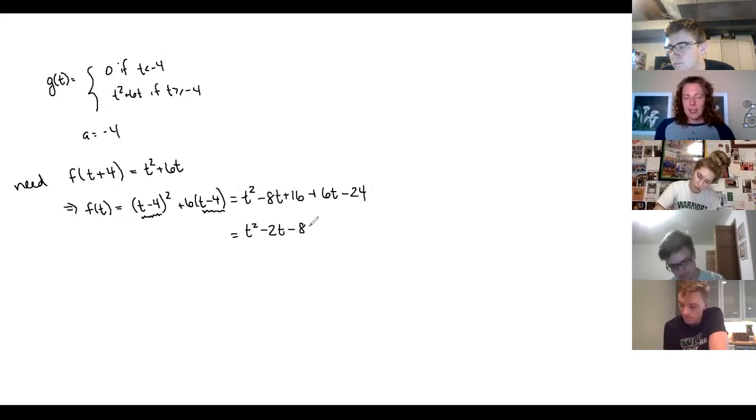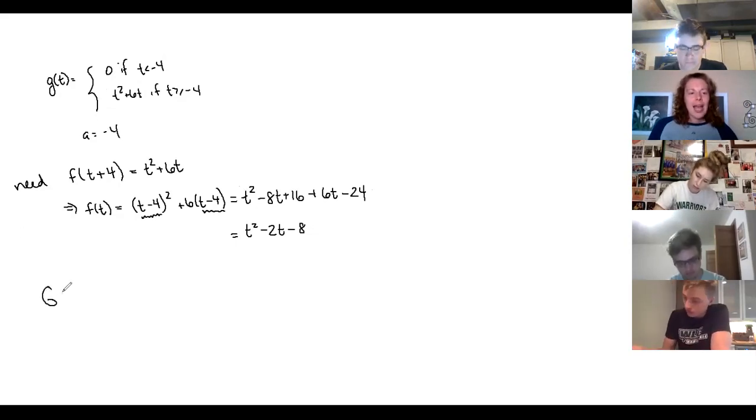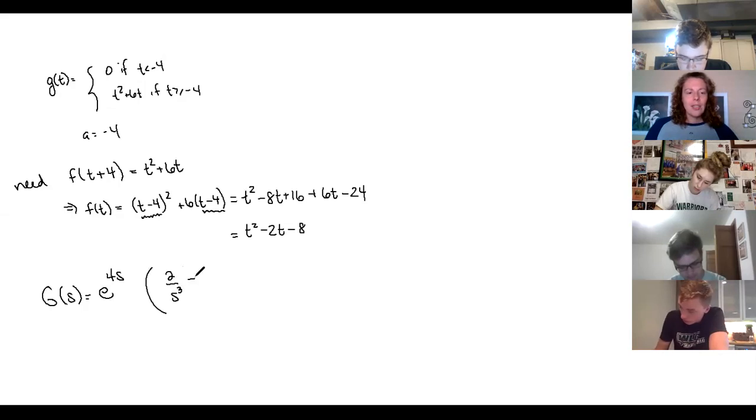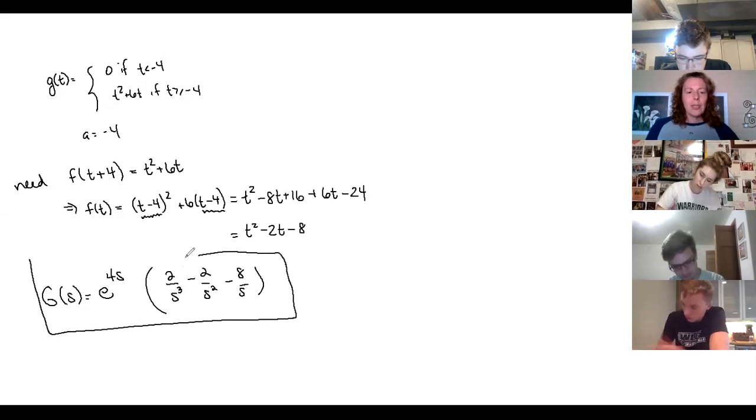And that means that my capital G of s is e to the 4s, not negative, because A is 4, times 2 over s cubed minus 2 over s squared minus 8 over s. Think about it backwards. You need to go backwards.